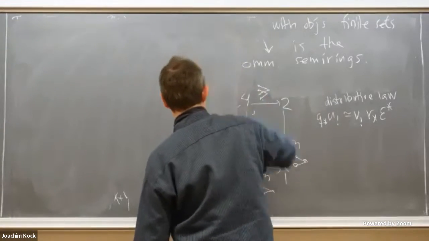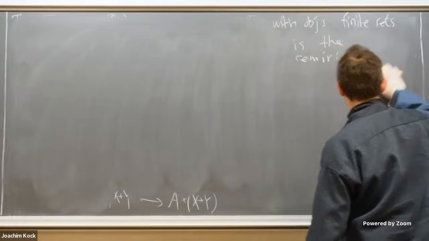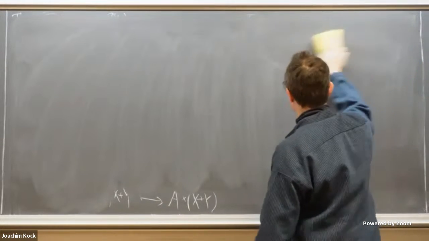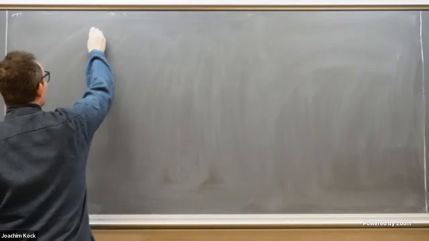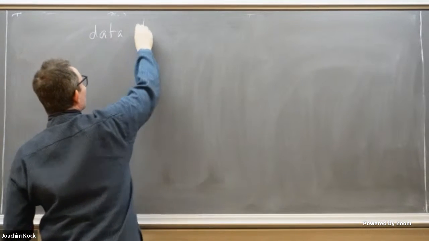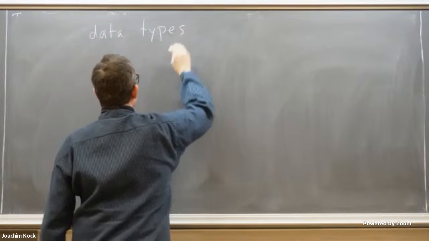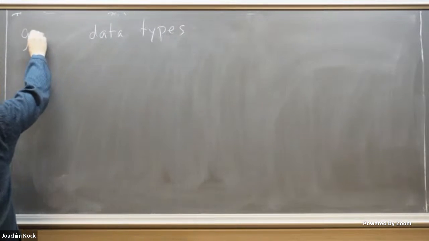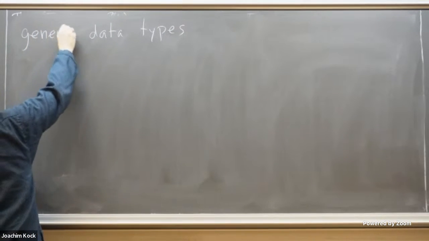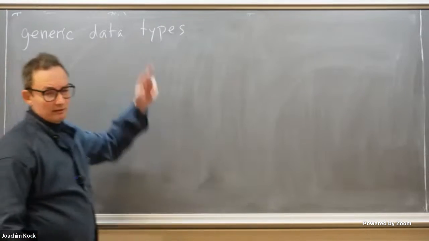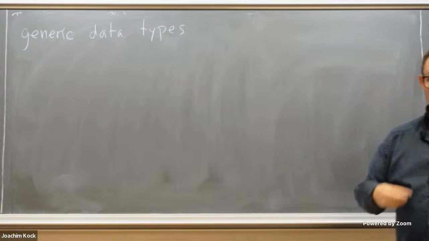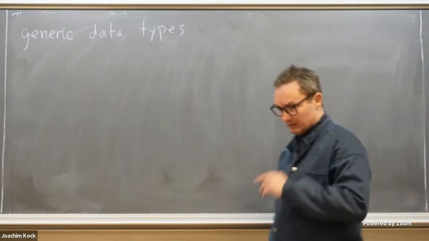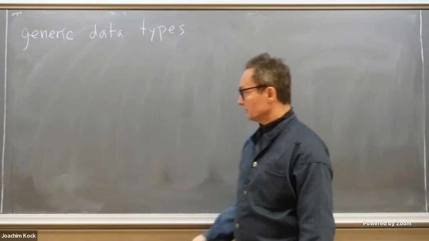So the next topic is about data types, and more precisely, what's called generic data types. Data types is in the sense of programming languages, like integers, lists of integers, strings, and so on.